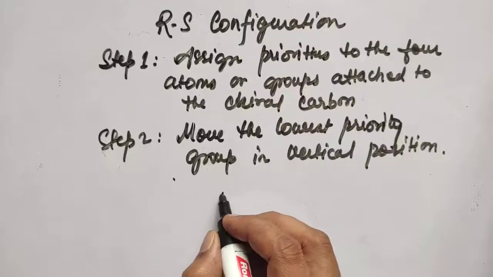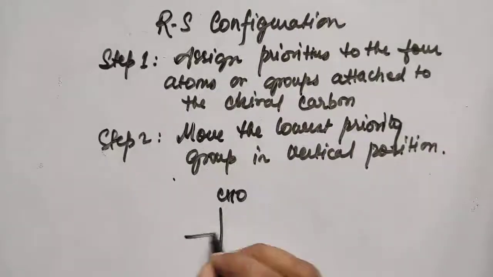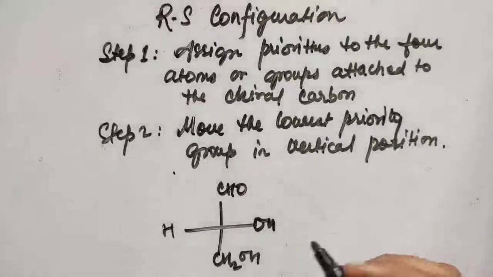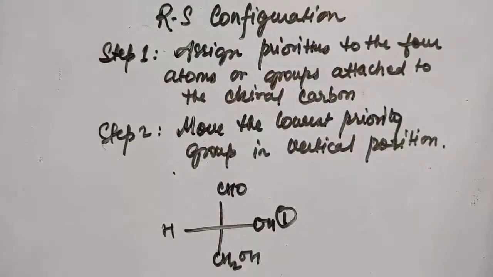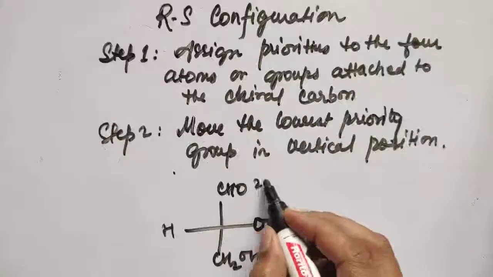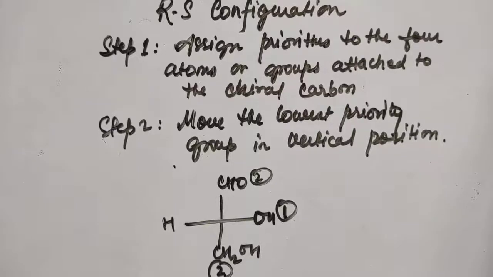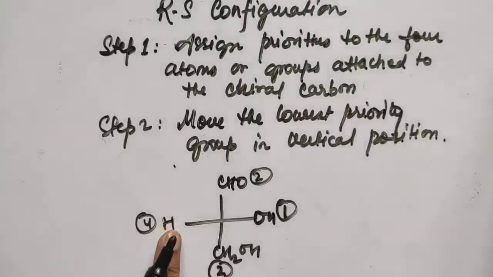Suppose this is CHO and OH here and CH2OH here, and there is H, hydrogen. Now assigning the priorities, OH is given 1, CHO is given 2, CH2OH is 3, and hydrogen is given 4. So here you can see that the lowest priority group is in horizontal position, so it has to move in the vertical position by making interchanges.